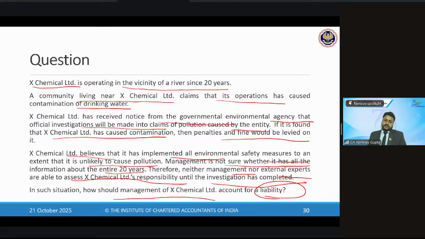Yes, there is a past event, which is contamination of the drinking water. Contamination of the river, right? That is a past event. Present obligation will arise when the agency investigation concludes.